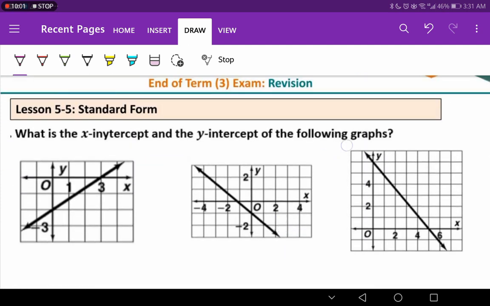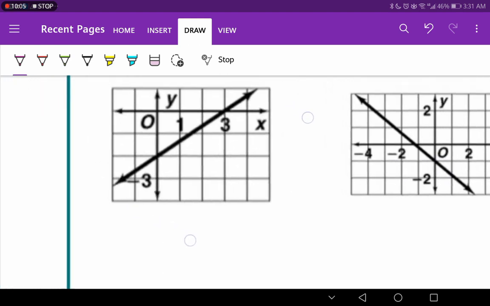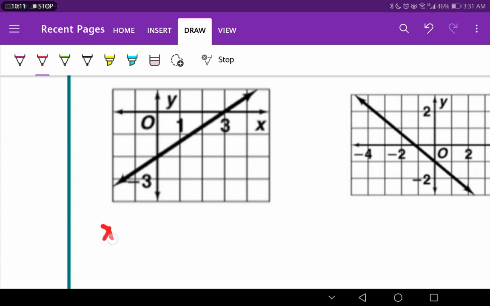What are the x- and y-intercepts? This is the beautiful and the easiest question in the world. So he gives me a graph and asks me what the x-intercept and the y-intercept are. So the x-intercept, it is from here, where the line hits the x-axis. By the way, this is the x-axis.